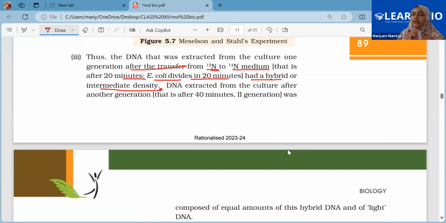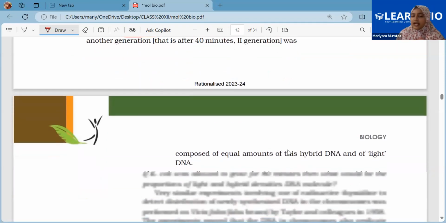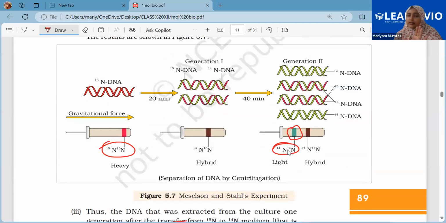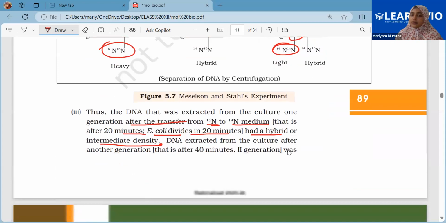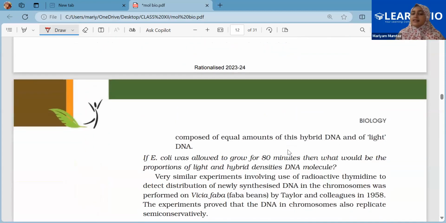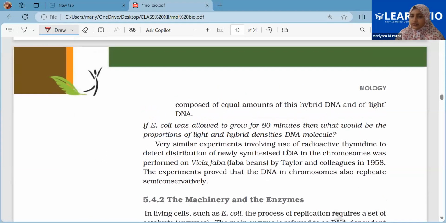They took 20-minute intervals and after each interval they saw the weight of the DNA. After centrifugation, it was found that the light and the hybrid existed together. That tells us about the semi-conservative nature.